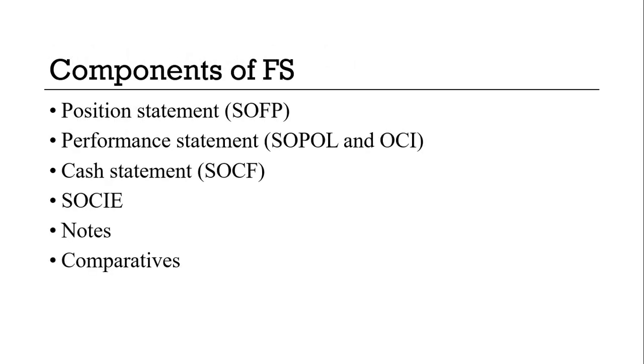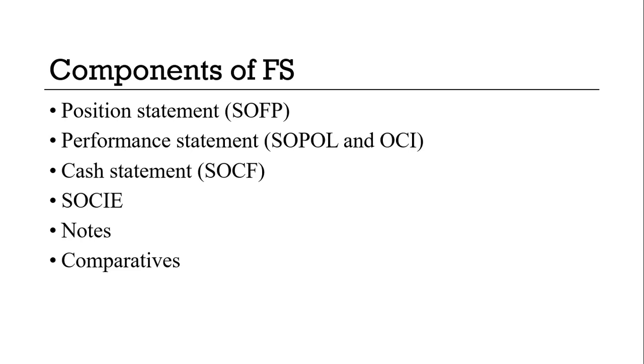All right. The components of financial statements, what makes up your complete set of financial statements. Number one, the position statement, which we now call the statement of financial position. Number two, the performance statement, which we now call the statement of profit or loss.